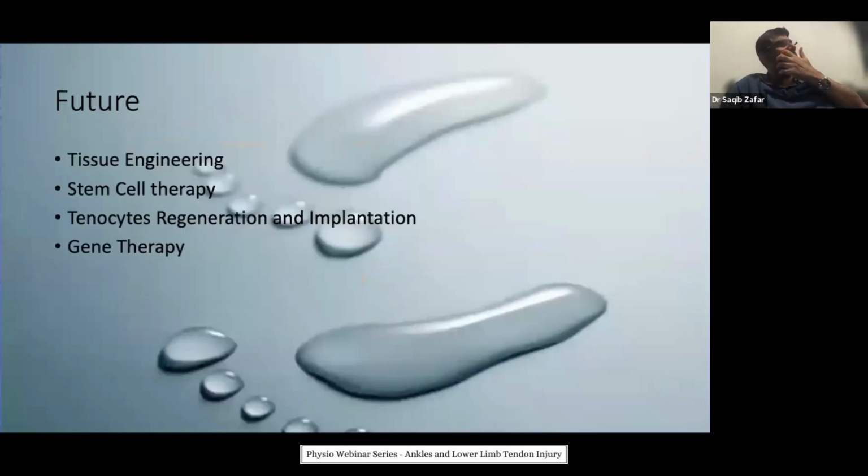There's future looking around there. We're looking at stem cell therapy now, trying to regenerate the tendon cells, tenocytes, in the laboratory and implantation, and gene therapy. These are all experimental, still in infancy.